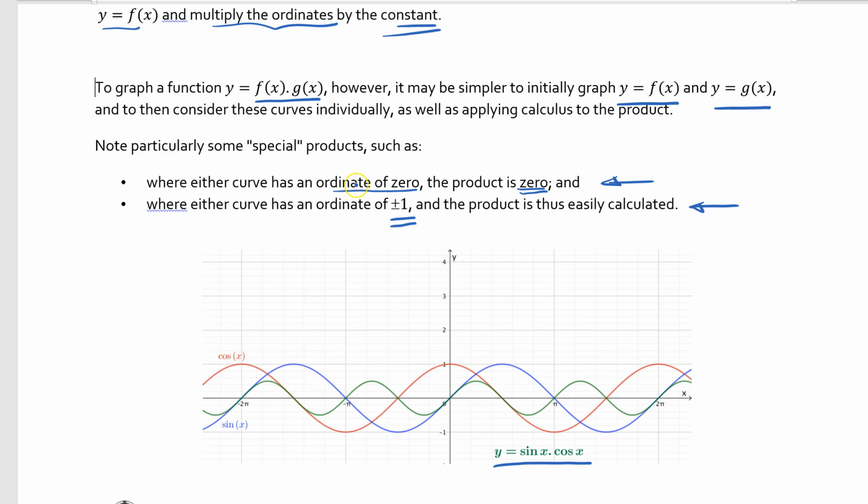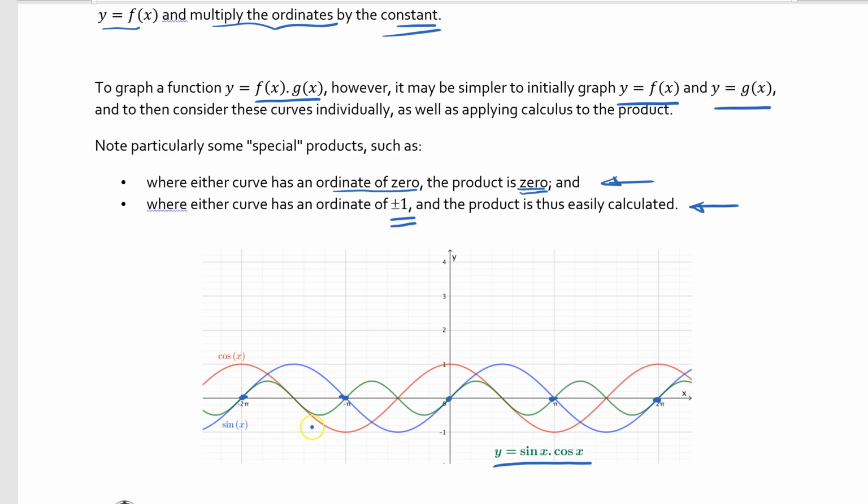Using these guidelines up above, when either curve has an ordinate of 0, if we concentrate on the sine curve to start with, then just here we've got an ordinate of 0, here, here, here, and here. So at any of those points, their product must be 0.